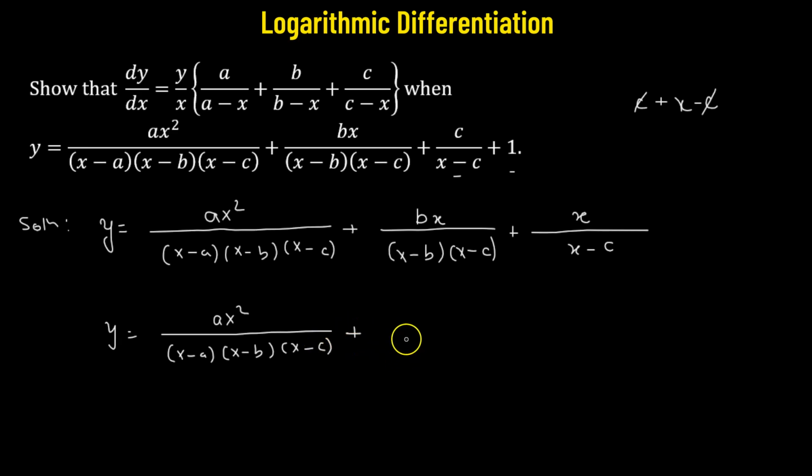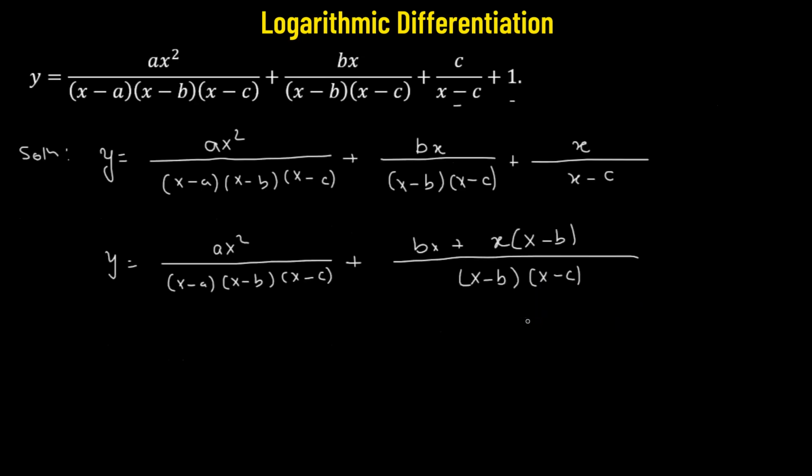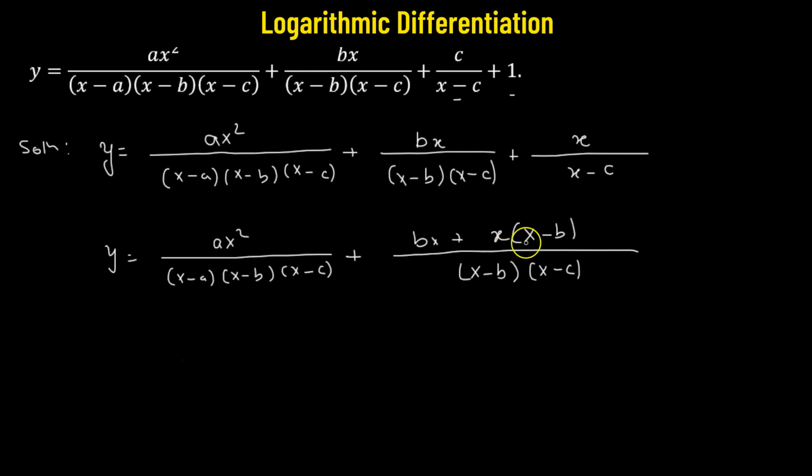Plus, let's combine the second and the third term. So here we have the common denominator, which is x minus b times x minus c. So in the numerator we have bx plus, here in the second term, x multiplied to x minus b. So that means we will have bx plus x squared minus bx.